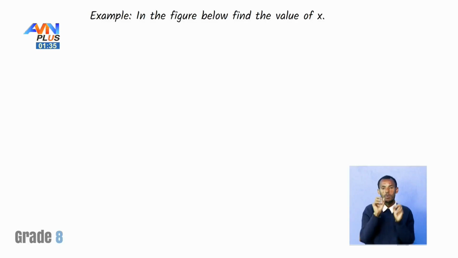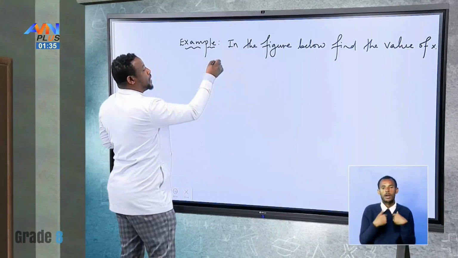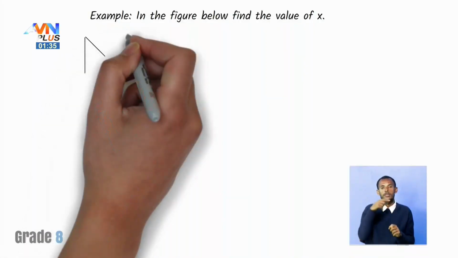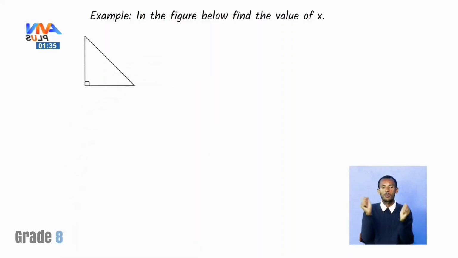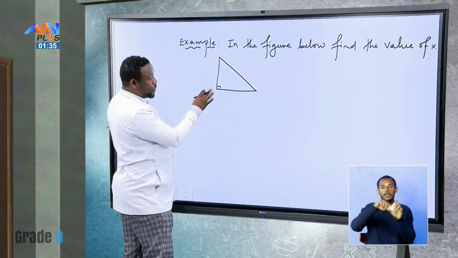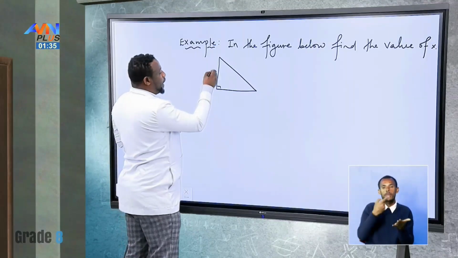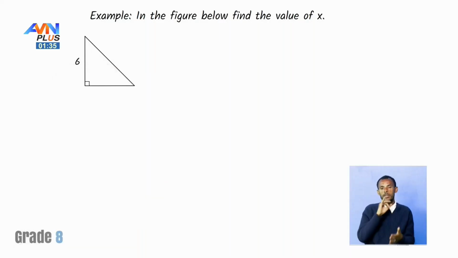Here we have different triangles. Say this is a triangle with 90 degrees at this vertex, and say this side is 6, this is x, this is 10. This is the first question.